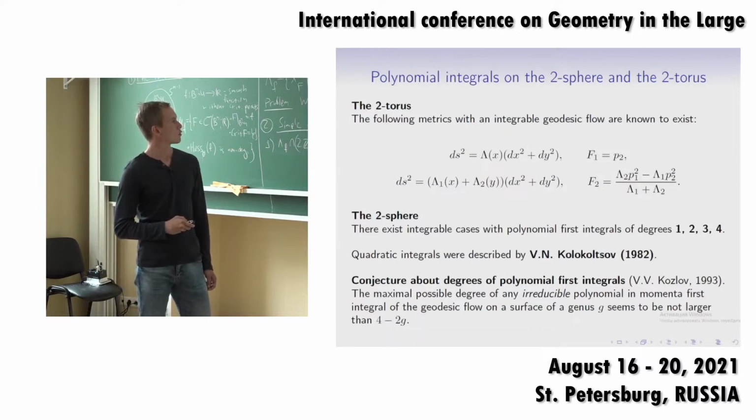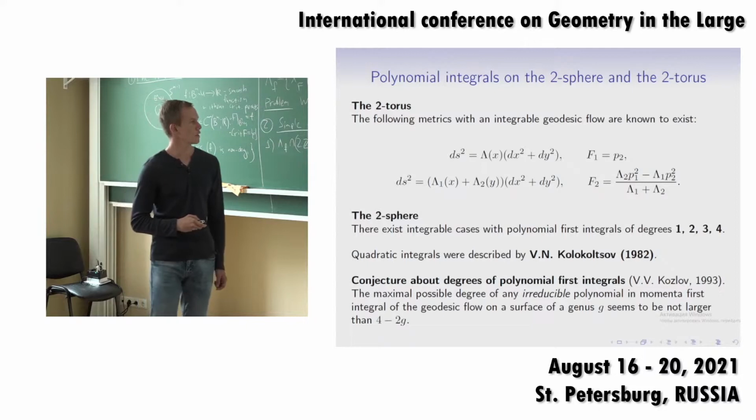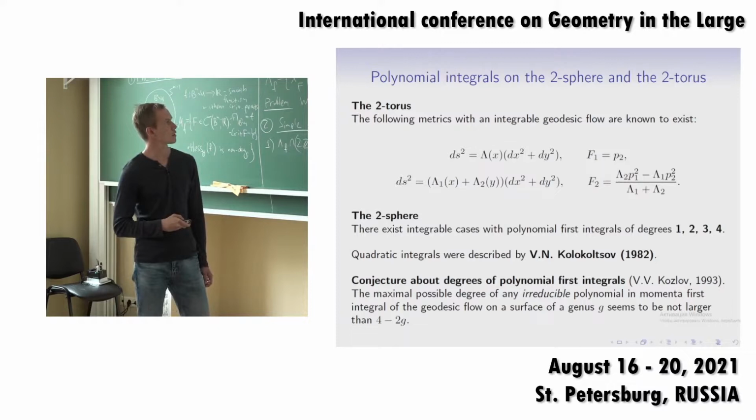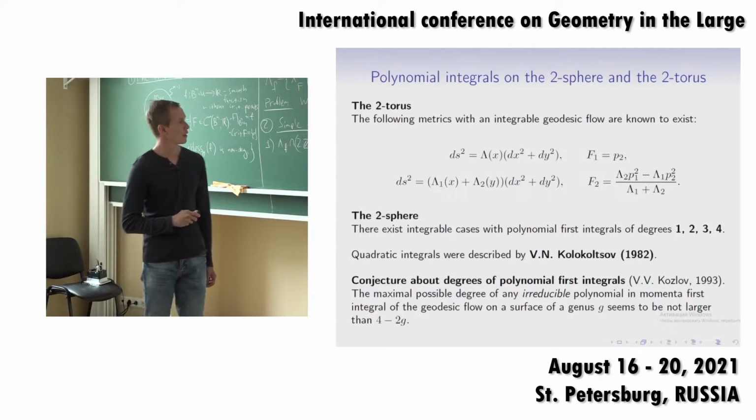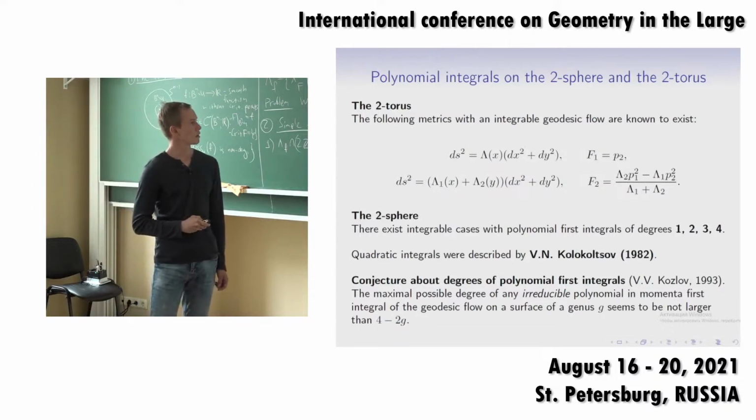Okay, on the two-sphere, there are also integrable cases, and there exist polynomial integrals of degrees 1, 2, 3, and 4. By the way, quadratic integrals on the two-sphere as well as on the two-torus were described by Kolokoltsov in 1982. And what about integrals of degree 3 and 4?